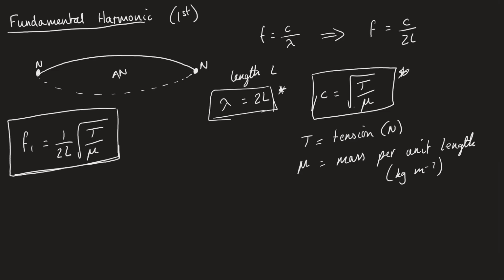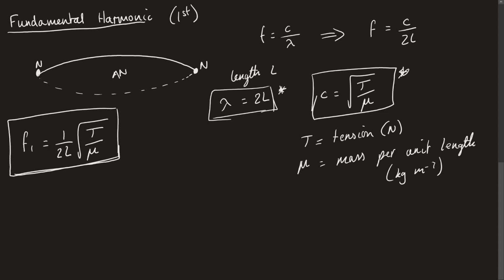Okay, so it's good to know that this equation is identical to F equals C over lambda. We've just changed how we're going to calculate the wavelength and the speed. Now we can ask what happens if we increase this frequency, because this 1 over 2L is a constant value.